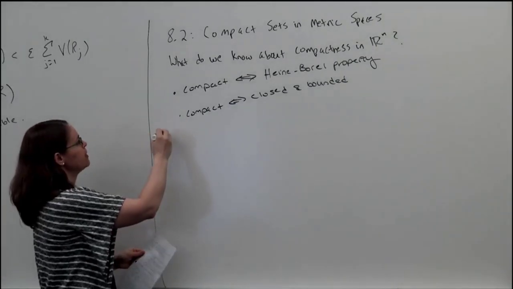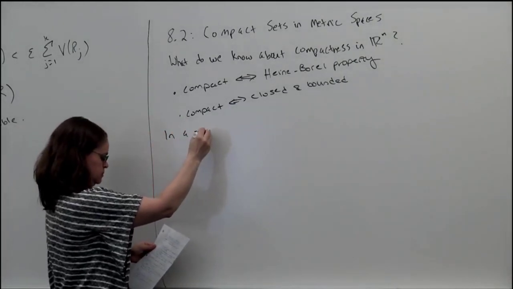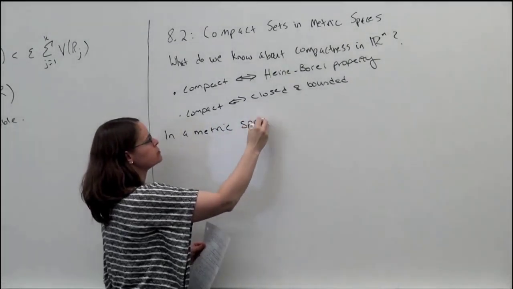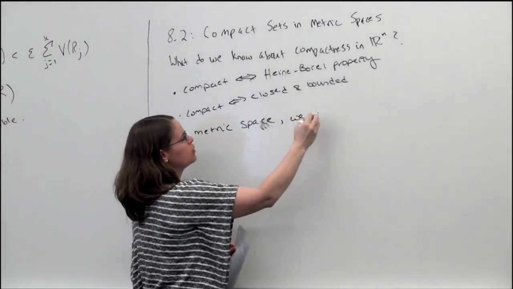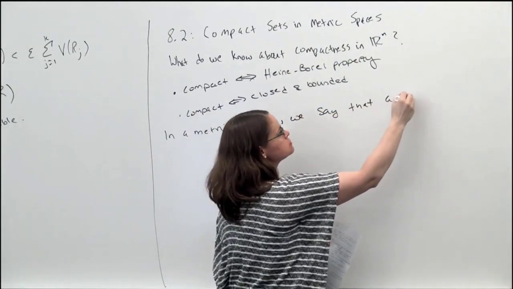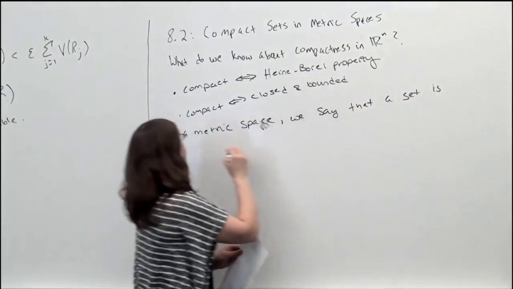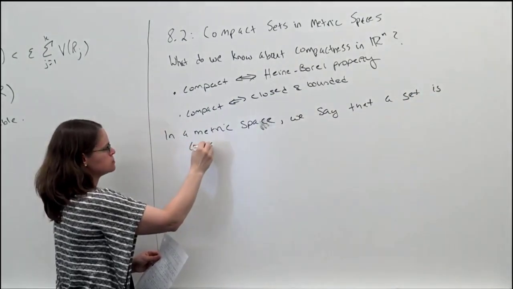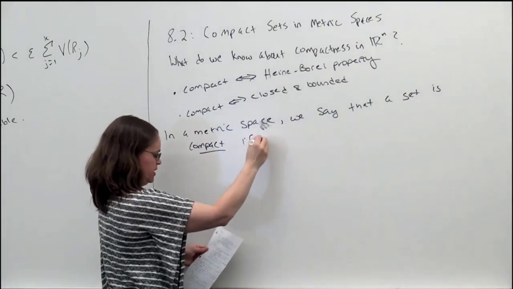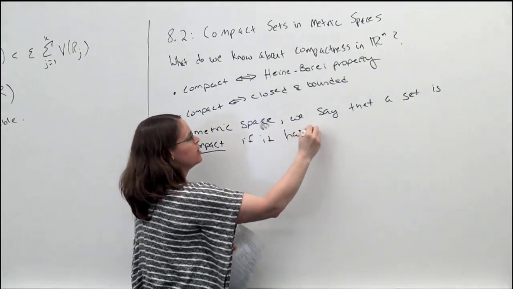Okay, so in a metric space, we say that a set is compact if it has the Heine-Borel property.